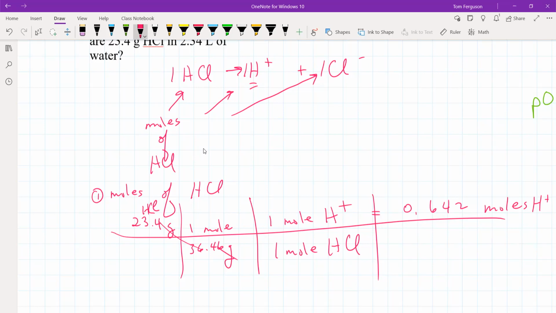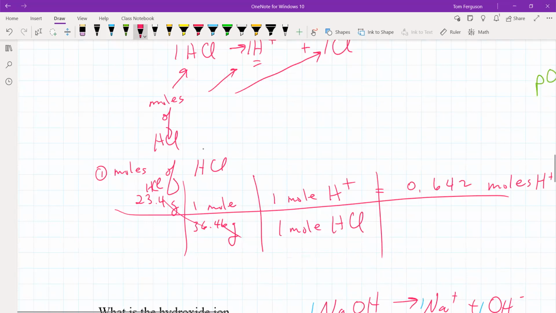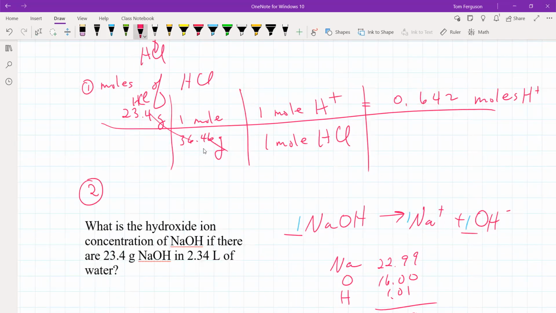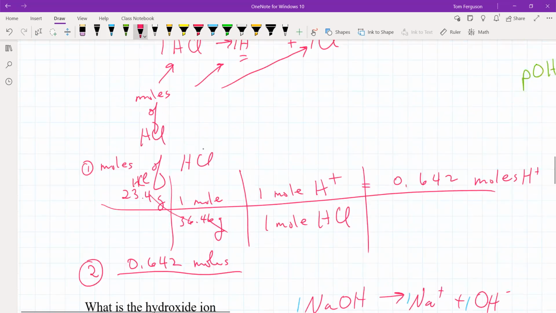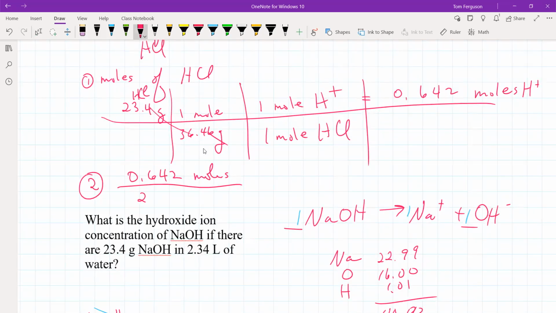And we know it's a 1-to-1 molar ratio. Now this is moles of H plus, moles per liter. We're looking at 0.743 molarity.